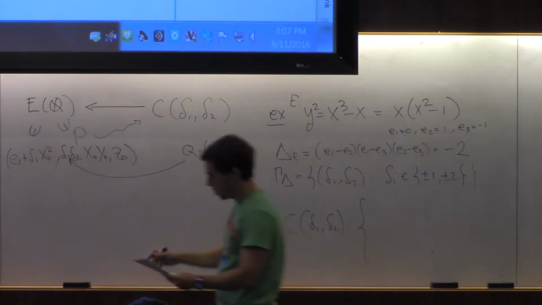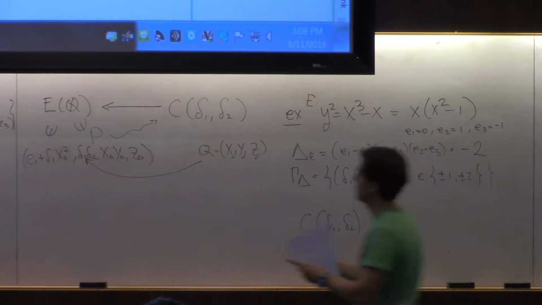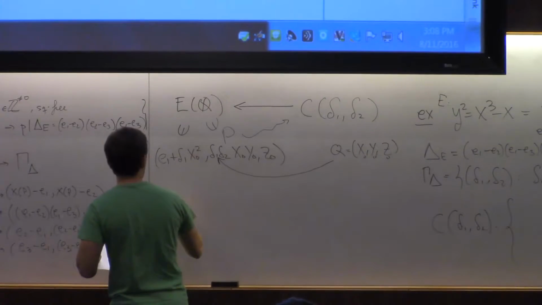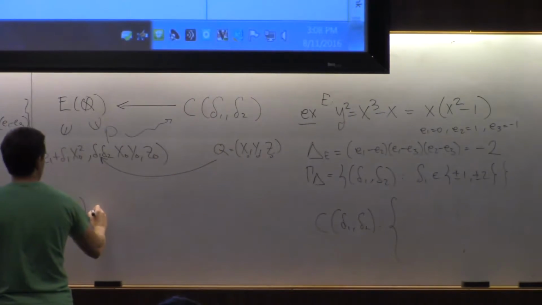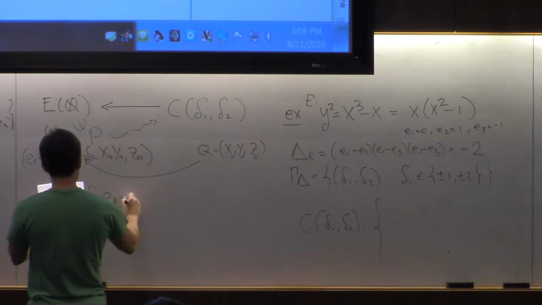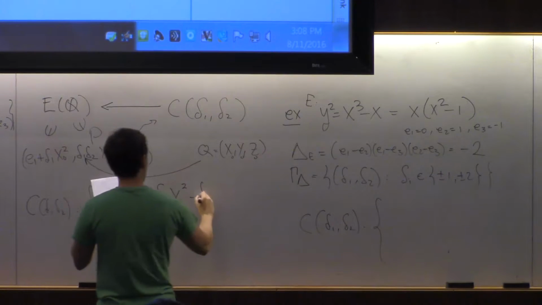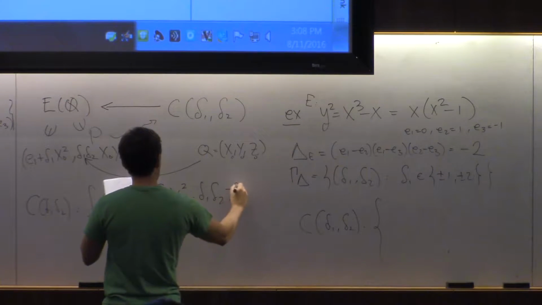I don't have the formula for the homogeneous space for you on the board, I don't think. So the homogeneous space C_{delta1,delta2} in general is of the form, we reduced it to this form. You can reduce it in several ways. We're going to use it like this.